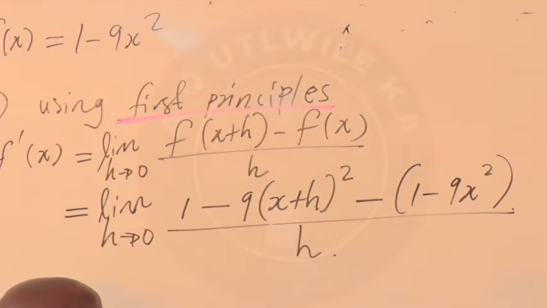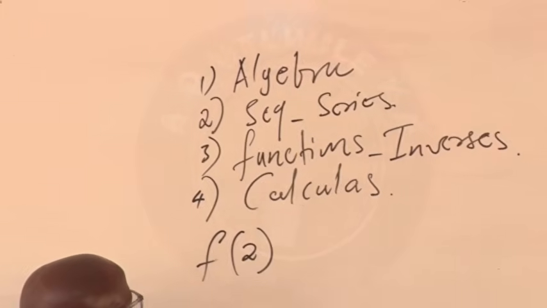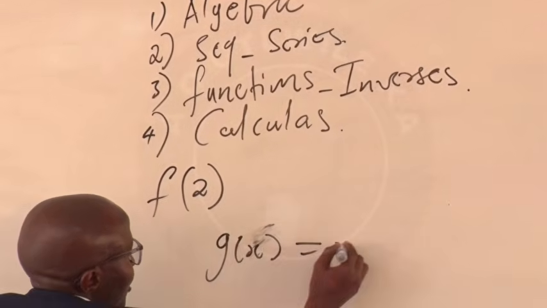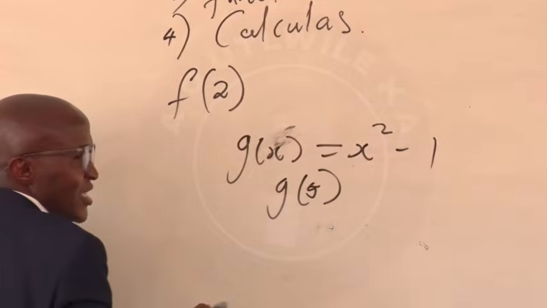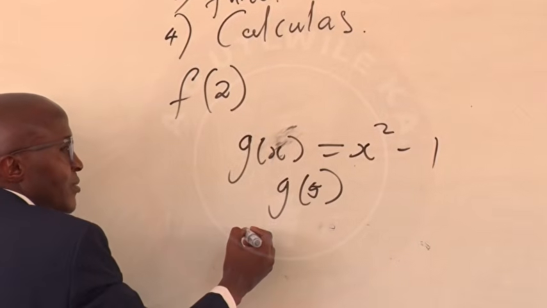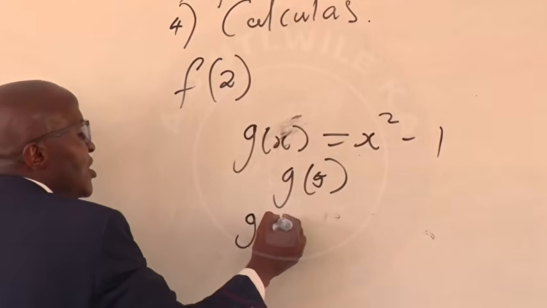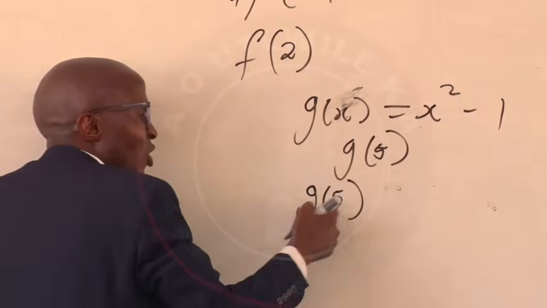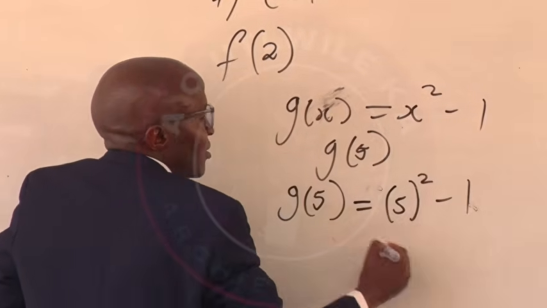Are we fine? Just like we know even from grade 11. If I have, let me use a different function, g of x equal to x squared minus 1, then I say find g of 5. What am I saying to you? G of 5 equals 5 squared minus 1.